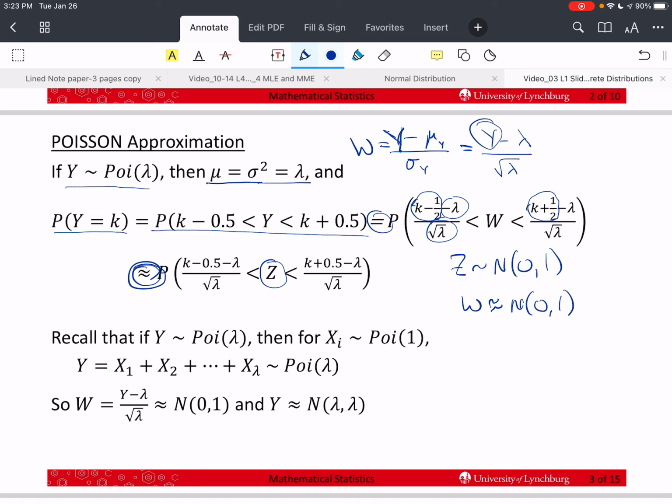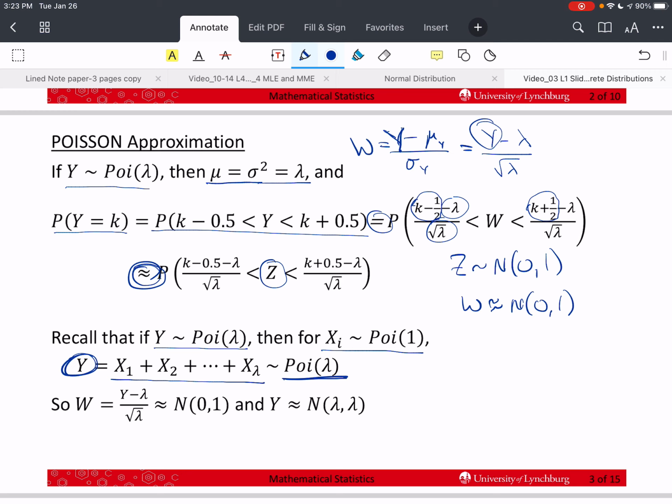Okay. So recall this. If Y is a Poisson of lambda, and Xi is a Poisson of 1, then the sum of these Poisson random variables, if there's lambda of them, is the Poisson of lambda.